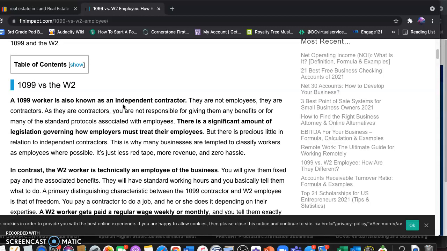Everything is basically furnished by the employer. So unemployment, taxes, Social Security, FICA, and things of that nature are usually taken care of by the employer's accounting department.